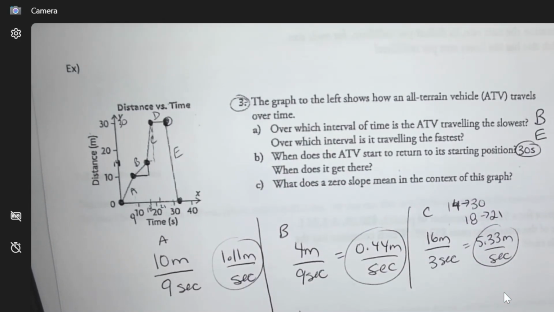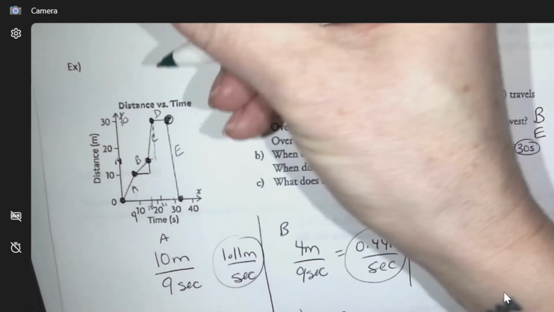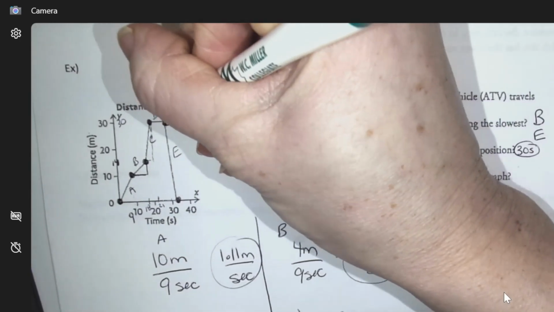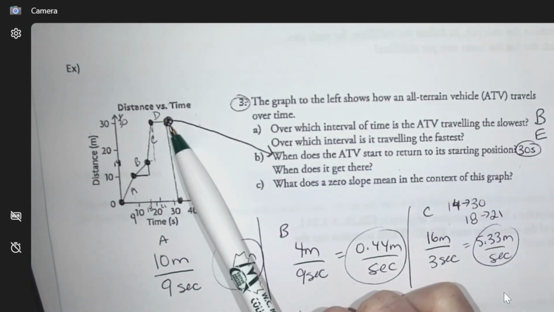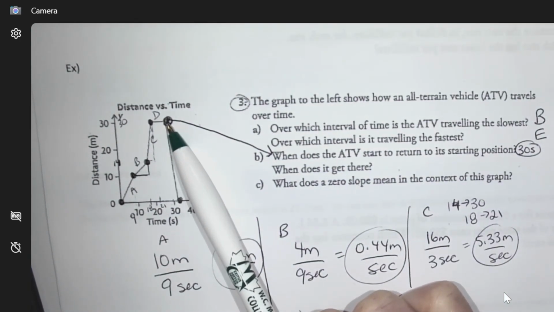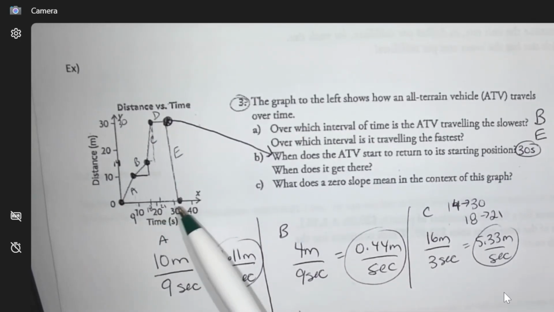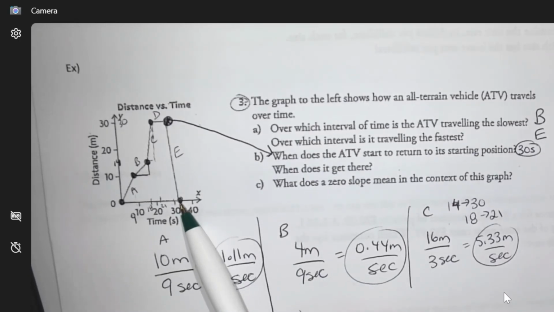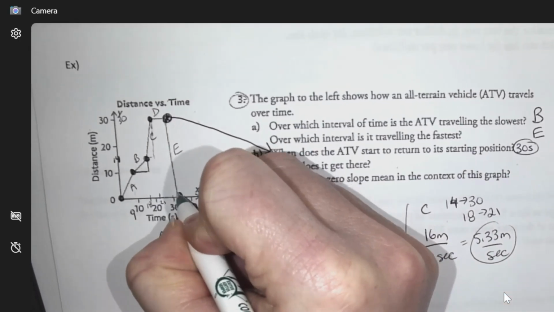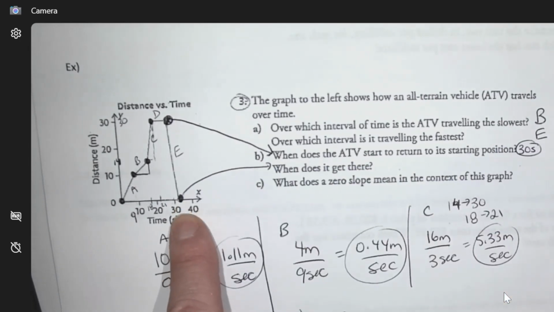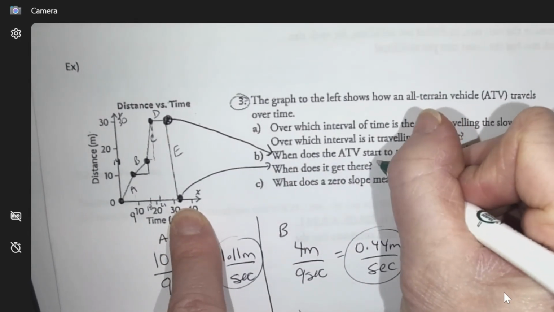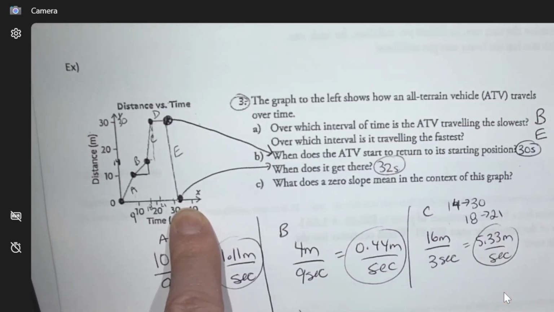Remember, we put that on top of 30 seconds. So this is the time where we start to go home. When does it get home? When did it actually get back? This point is when it's back home. So I would answer 32 seconds it got home.